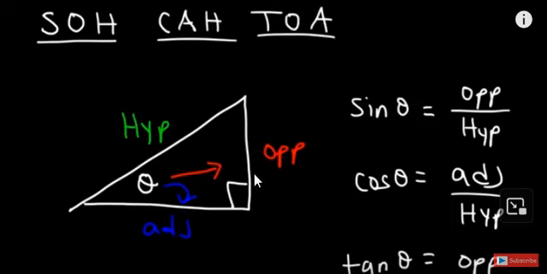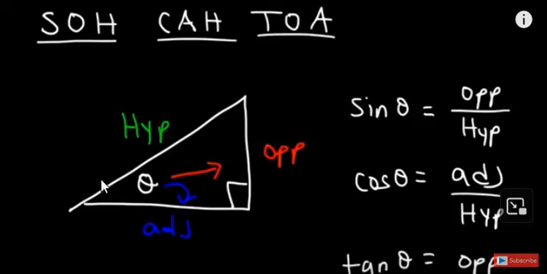So here is our right angle triangle. Here is where the 90 degrees is, and these other 2 corners have angles which both sum up to 90 degrees. So we have 3 sides to this triangle.